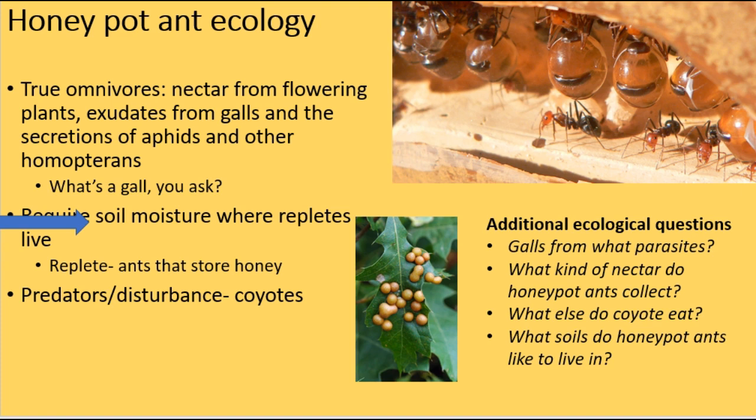Okay, I did a lot of research and to complete the food web, I couldn't find a lot of evidence for predation on the honeypot ants, except that coyotes and badgers have been observed tearing into honeypot ant colonies.